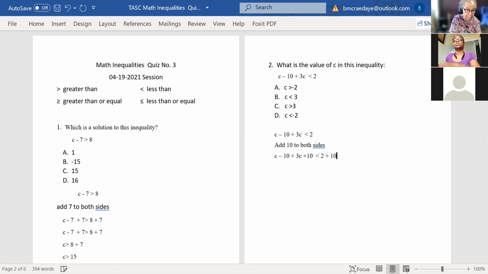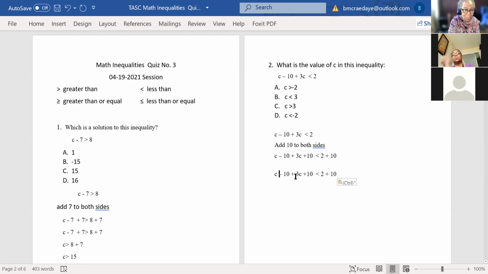Plus 10. Now, what do we have left on the left side, Vanessa? Okay. Copy that. Because it's minus 10 and plus 10, that's 0. So what you have left is C plus 3C.